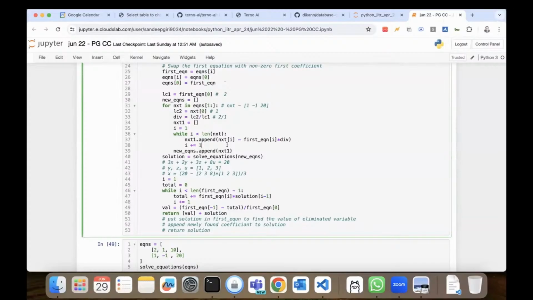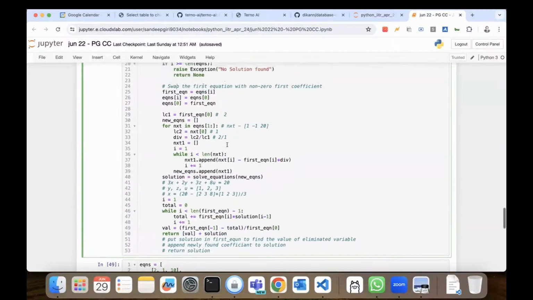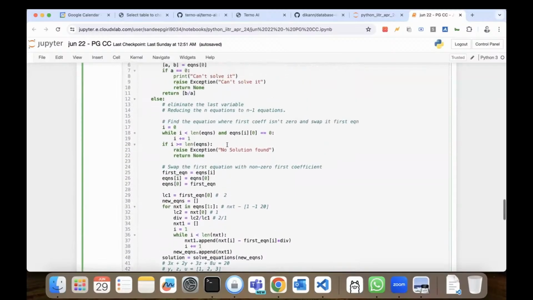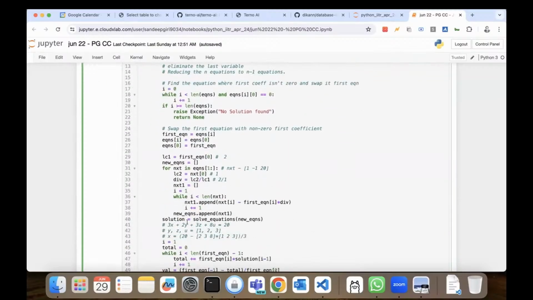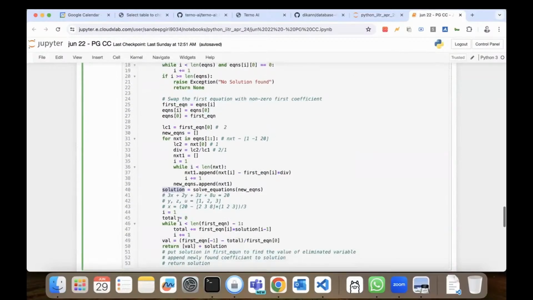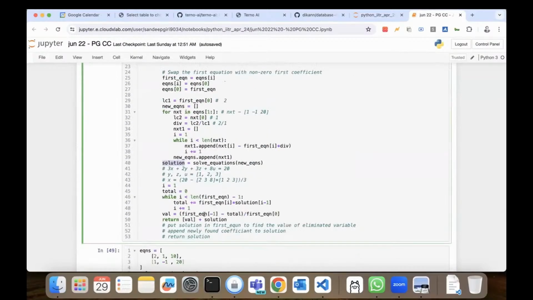Those two solutions are appended into new equations, and from there is when you use the recursion. Yes. And from those two equations, next time it'll turn it into one equation, and then again it'll solve equations with one equation, and then it will hit here in case of equation R1, solve it and give back the result here with one variable. Then this logic will turn the solution from 1 to 2 variables, and then we'll go back.